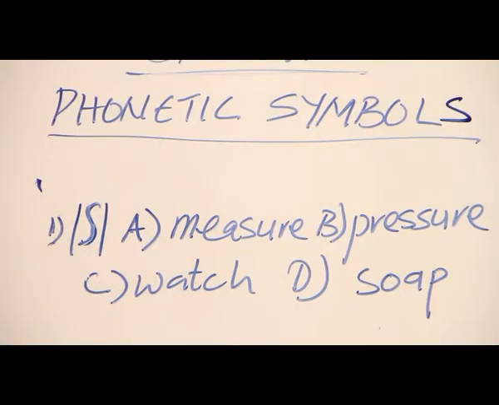Today we are starting with the series of questions on phonetic symbols. Questions on phonetic symbols actually are questions that test your understanding of the vowels and consonants. So both the vowels and the consonants are tested at the same time.